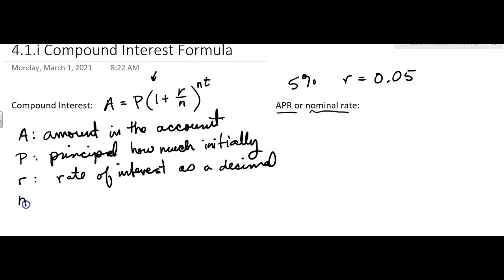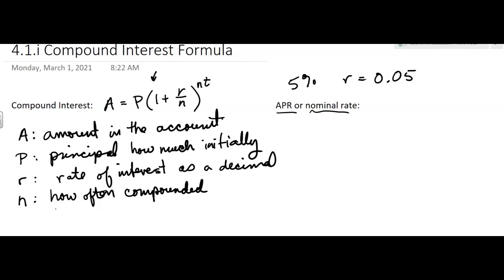And then N represents how often it's being compounded. Another way to say it is it's the number of times per year that it's compounded.